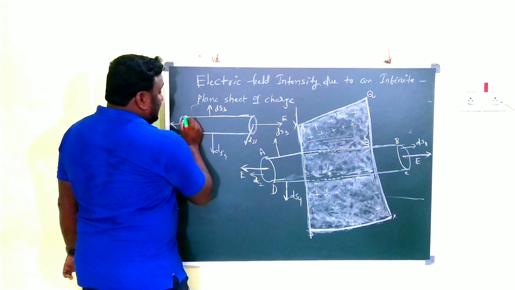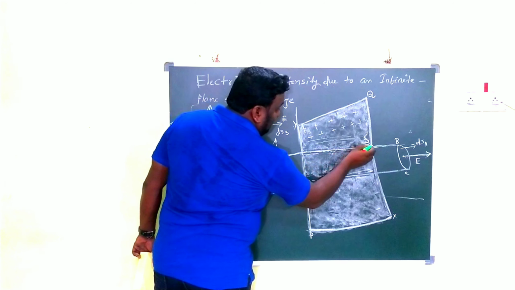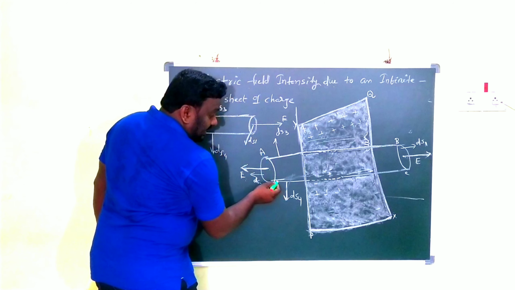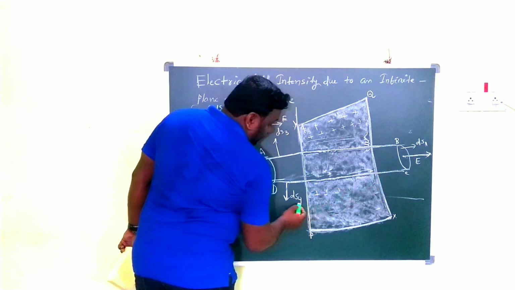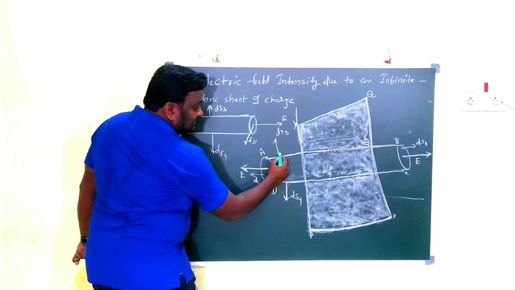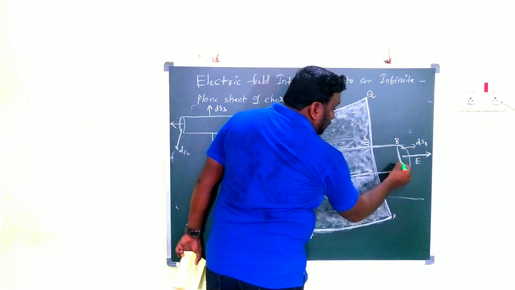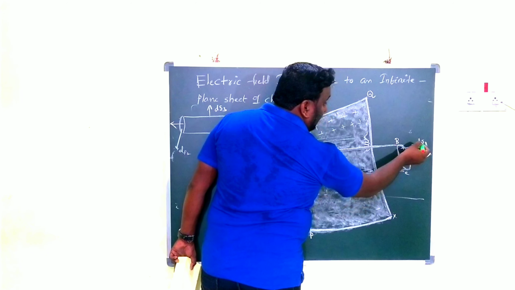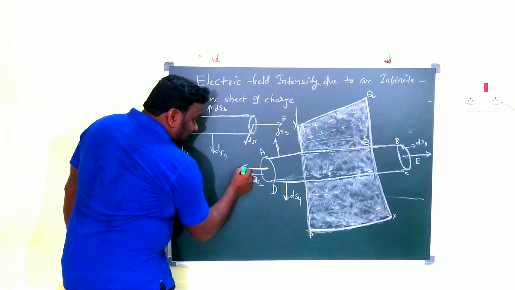This is ds3. That means this portion is the surface ds3, and the bottom surface is ds4. At this end I am taking ds1, and this is ds2.